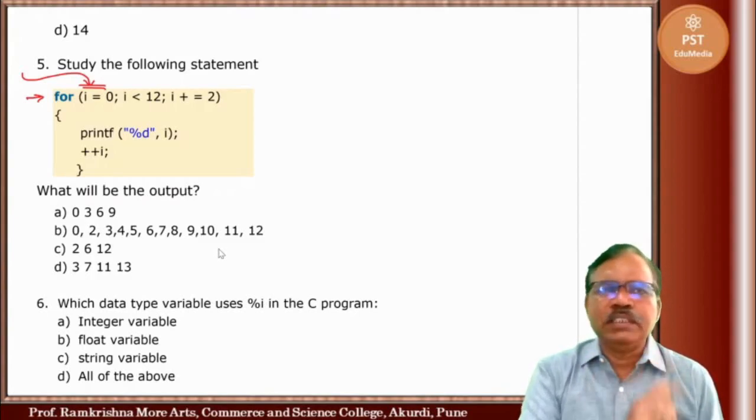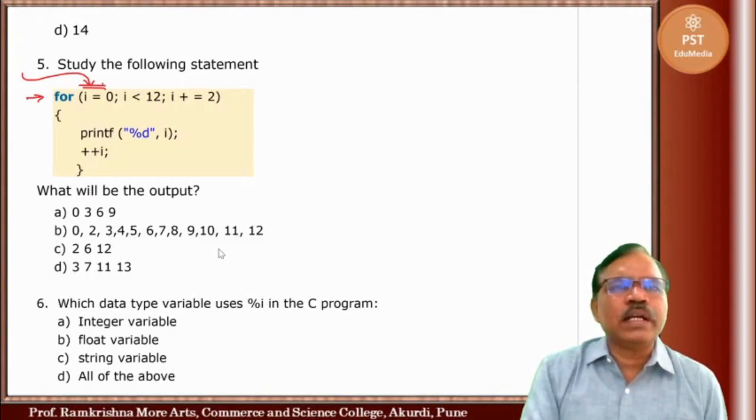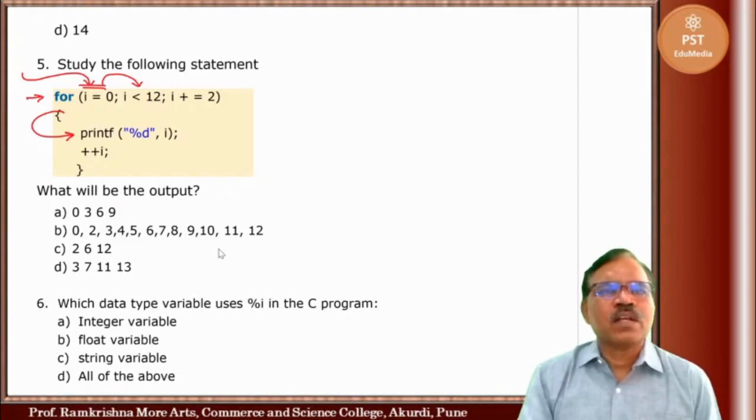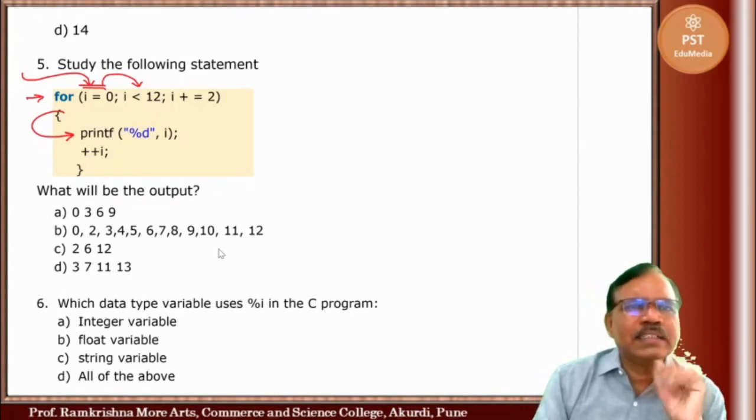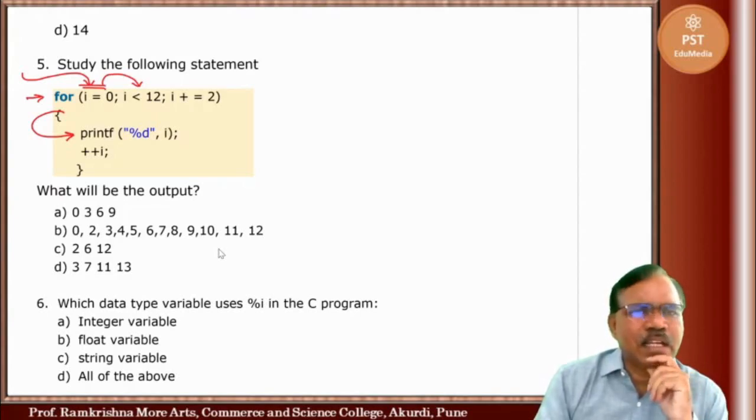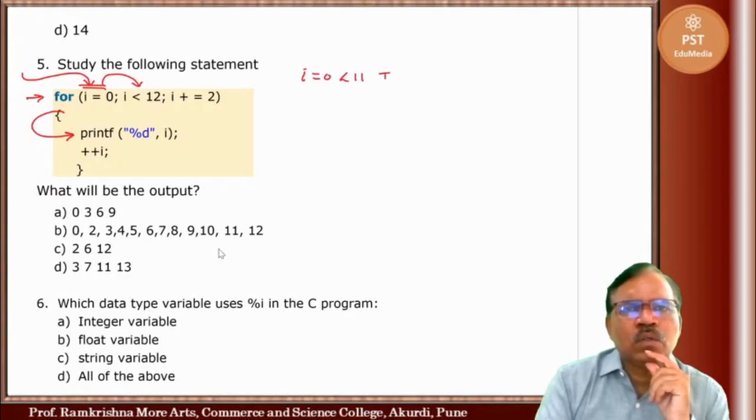So i becomes 0. Then it goes to the condition. If the condition is true, it goes inside the loop. Now i less than 12. i is 0, so it is less than 12. So it is true.